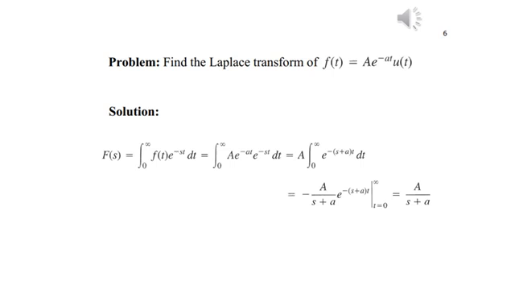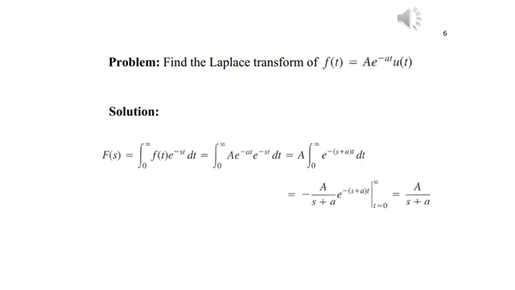So f of t is e raised to the power minus alpha t. Let's plug in this equation f of t times e raised to the power minus st. We'll have the cumulative product in the form of integration from 0 to infinity. A comes out of the integration because it's just a constant, e raised to the power minus s plus a times t.